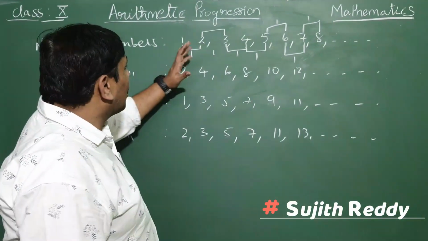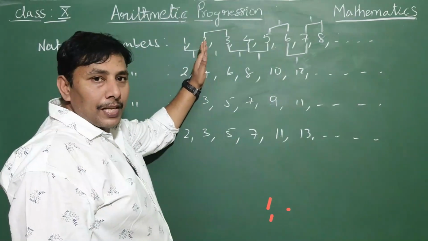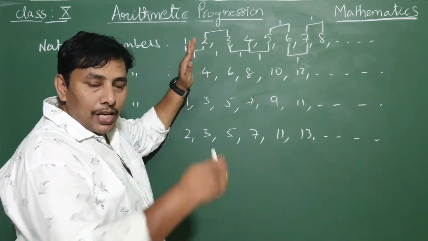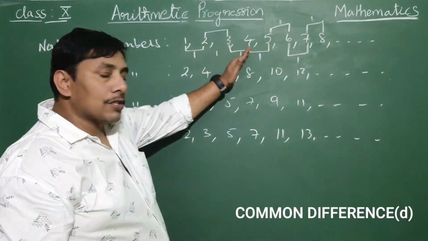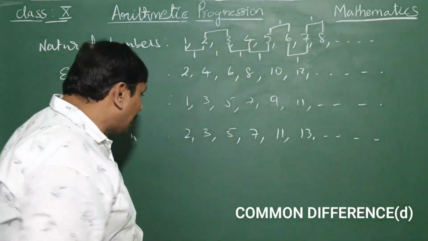If you see the difference between each term, the preceding term and the next term, everywhere the difference is 1, and that 1 is constant here.